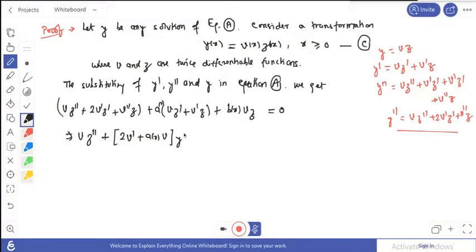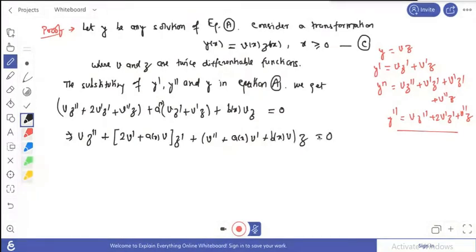This is the coefficient of z prime. Plus the coefficient of z, which is v double prime plus a(x) v prime plus b(x) v, times z, equals 0.